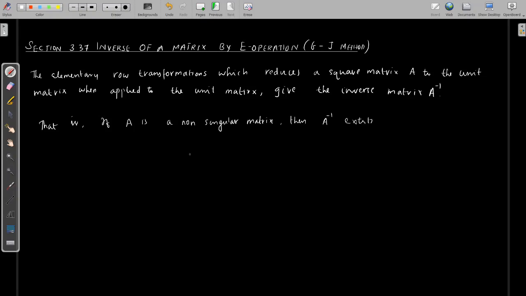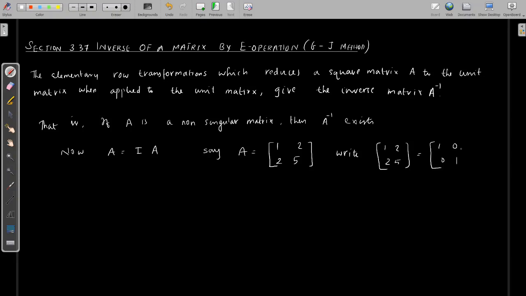Then write A equal to IA. I take A as 1, 2, 2, 5. We can verify that the determinant of this A is 1, so it is not equal to 0, hence it is a non-singular matrix. Then only you will get the inverse of this matrix. So I write 1, 2, 2, 5 equal to 1, 0, 0, 1 times 1, 2, 2, 5. That is A equal to IA.